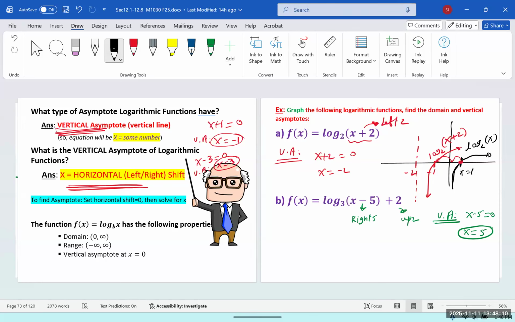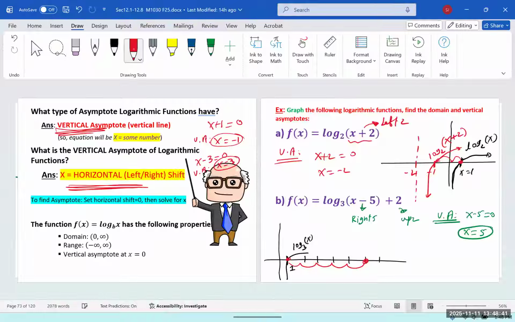So upright. Let me draw here. This is the normal log base 3 of x. It goes through the x value 1. So 2, 3, 4, 5, 6, 7. You take your x-intercept and you go right 5 units. 1, 2, 3, 4, 5.